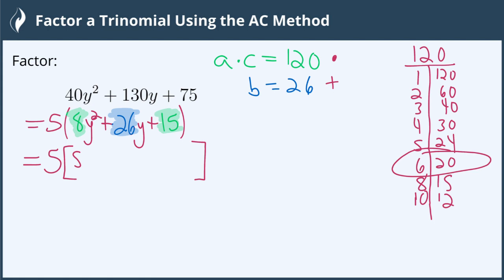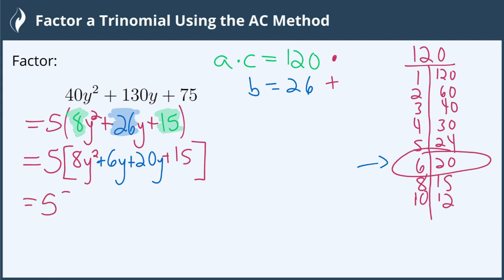But I'm going to carry down my 8y squared, and I carry down the 15. But in the middle, I'm now splitting that 26y into plus 6y and plus 20y because those were the two numbers that we got over here. That's going to now let us do that factoring by grouping.